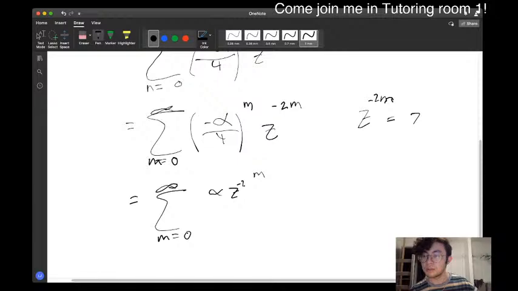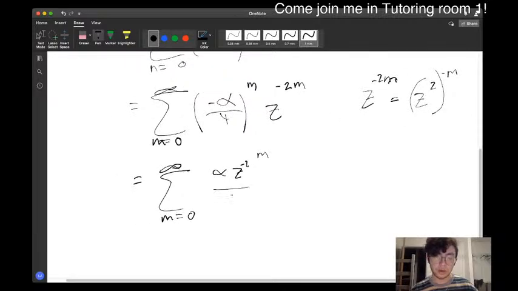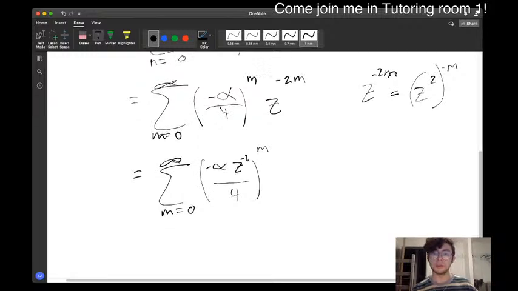So z minus 2 to the power m. Let's bring that negative sign in too, for reasons you'll see later. But we got z over 2 over 4. And we can do that, and these two should be equivalent.